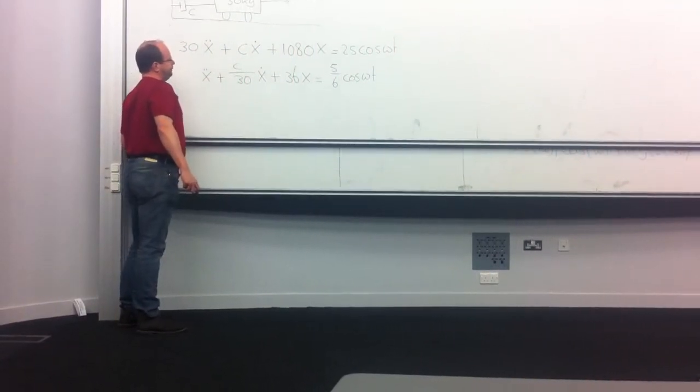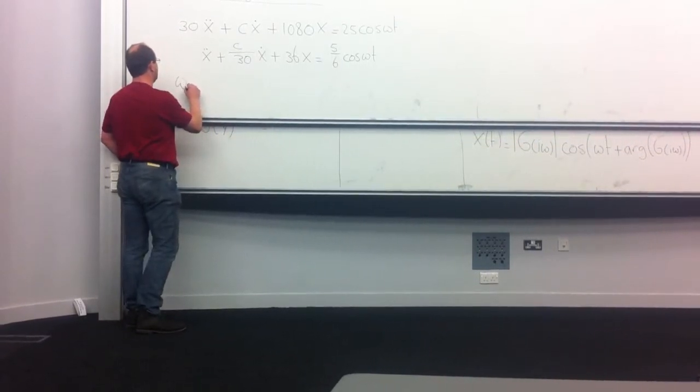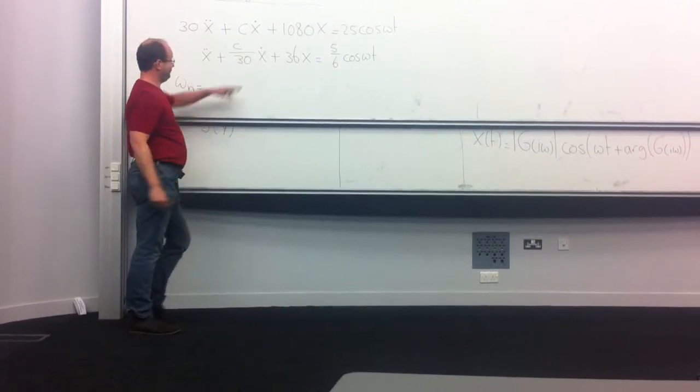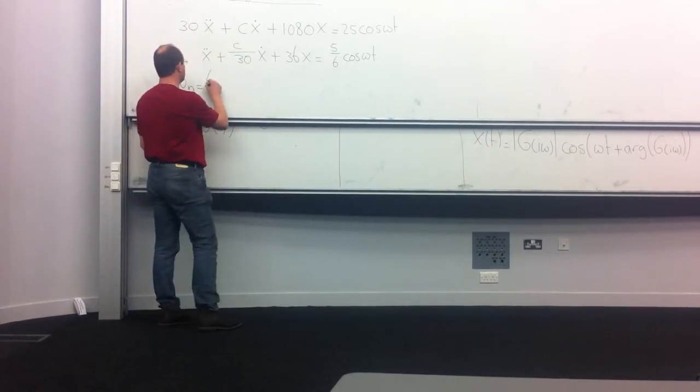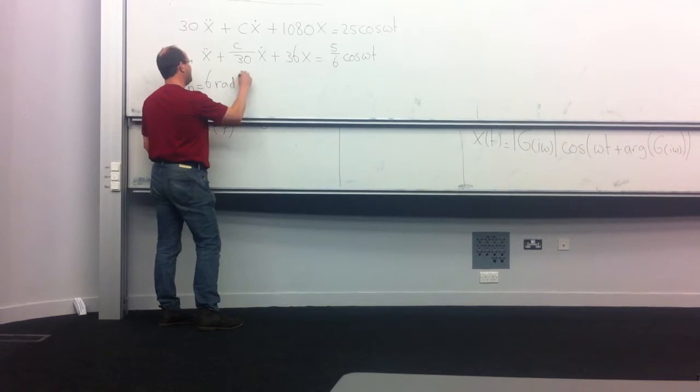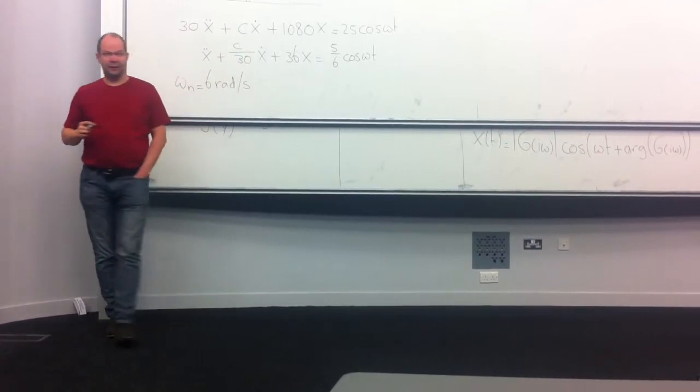Okay, omega n, well, this is omega n squared. So omega n is 6 radians per second.